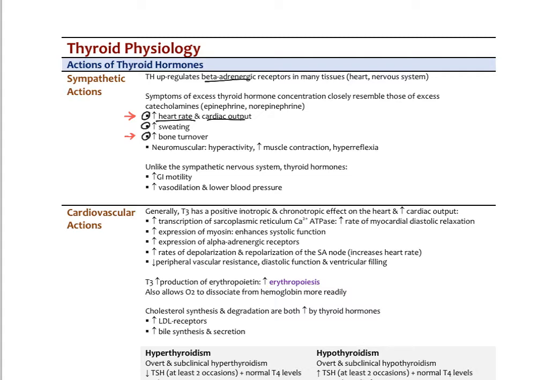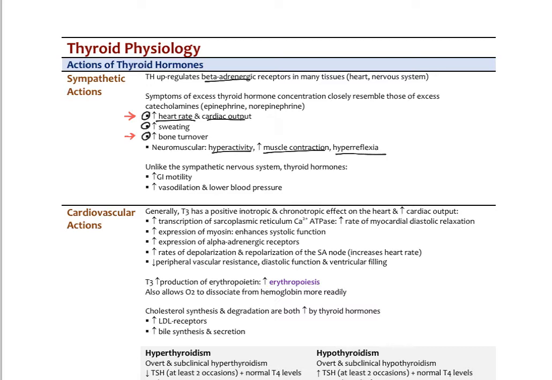In the muscle system, neuromuscularly, thyroid increases the hyperactivity of muscles, increases muscle contraction and reflexes. So if we had excess thyroid, we might actually see hyperreflexia. In fact, that's one of the first signs we see of any sort of thyrotoxicosis. That means excess thyroid hormones.